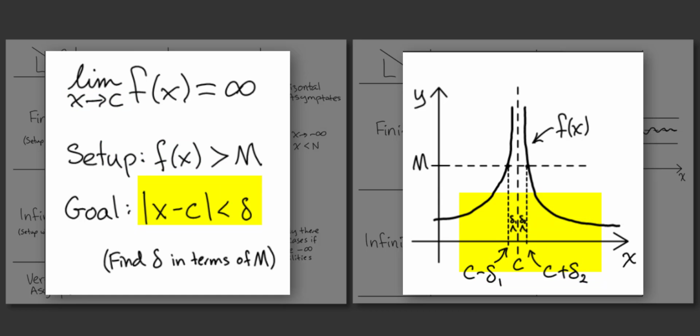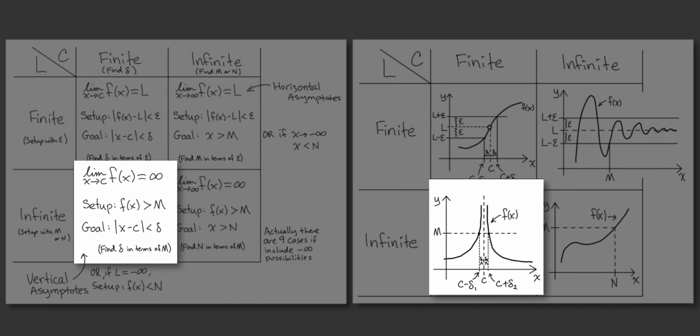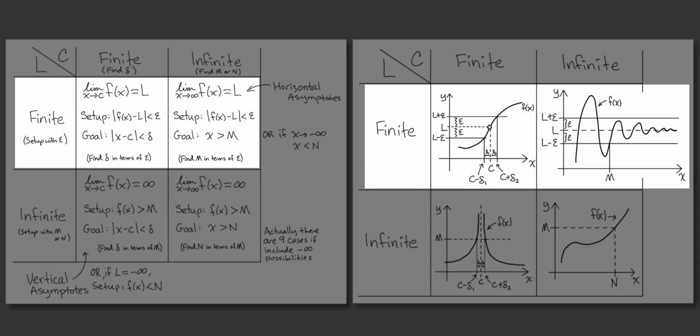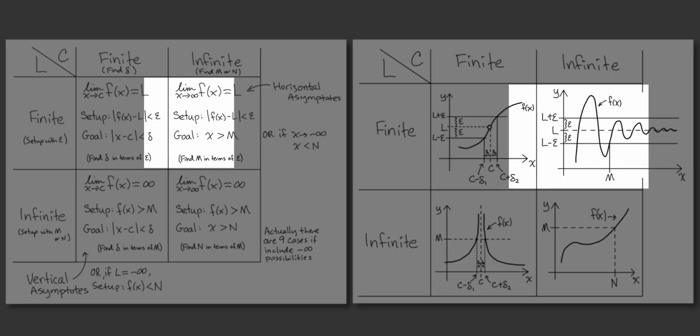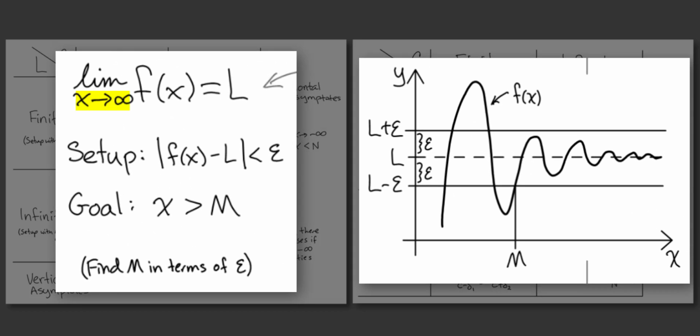But now the setup is f of x is greater than m. If our limit is finite, that's when we see epsilon. So our finite case has our setup for epsilon. When we have an infinite value that x is approaching and our limit is finite, that's our horizontal asymptote. So our setup still has epsilon.